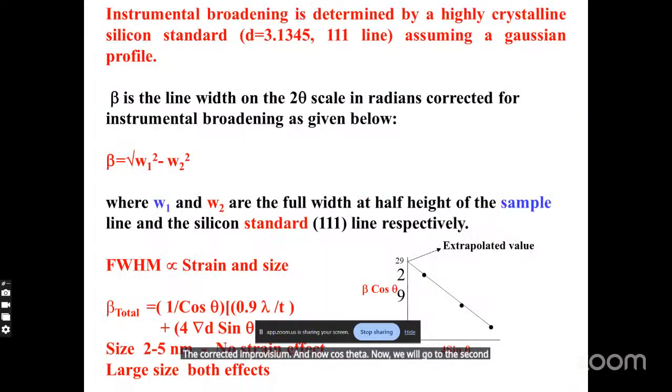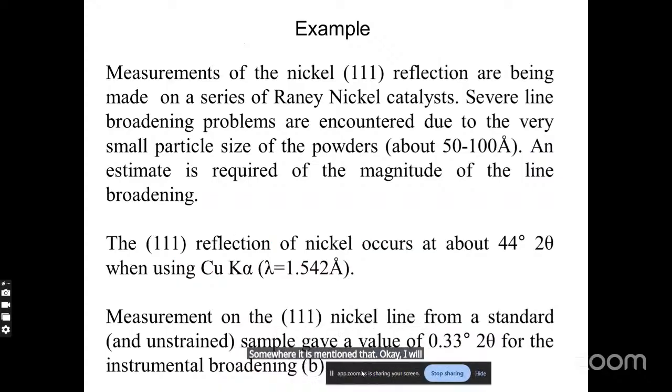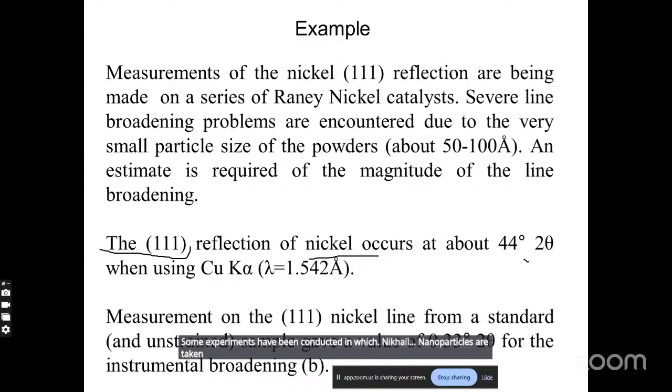How to do it? Suppose we take an example in which some experiments have been conducted with nickel nanoparticles, and its first peak, the 111 peak, is observed at 2 theta of 44 degrees.